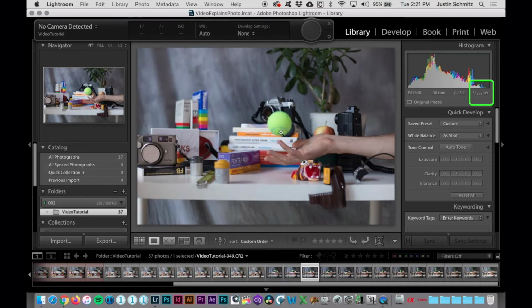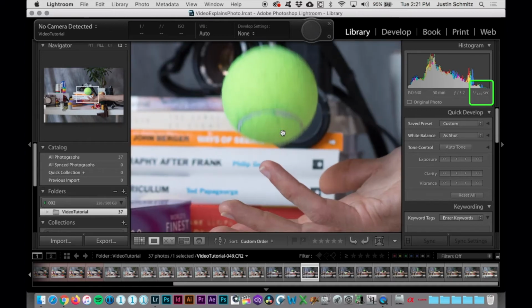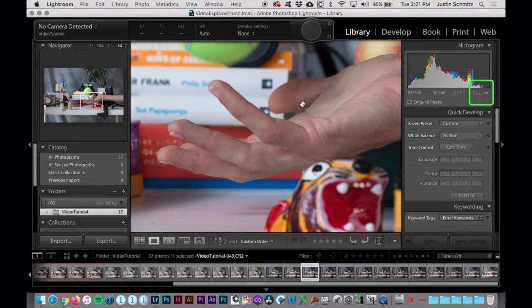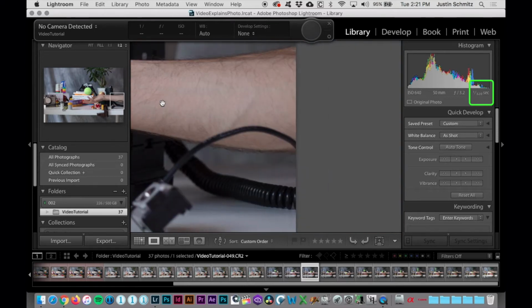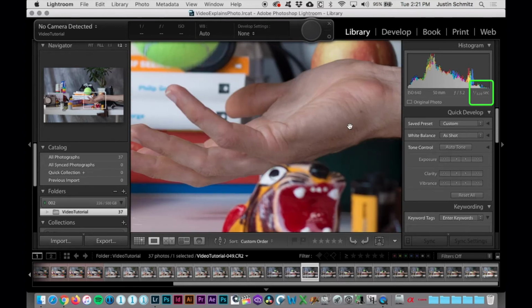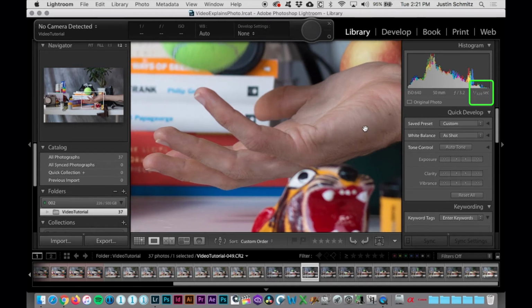Now you can start to see that at 320th of a second, because this ball is moving so fast and it's so close to the lens, I'm getting a slight amount of motion blur, but check out my hand. All the way through my hand and wrist, there is no blur whatsoever. It's perfectly in focus because the shutter speed has stopped the motion of my hand.